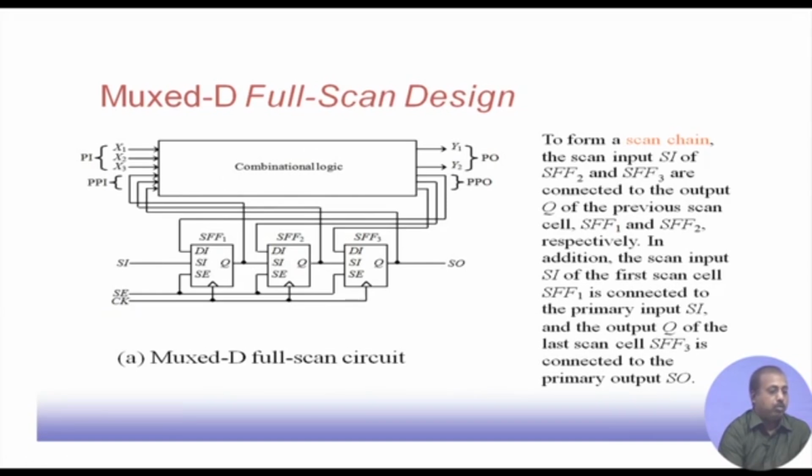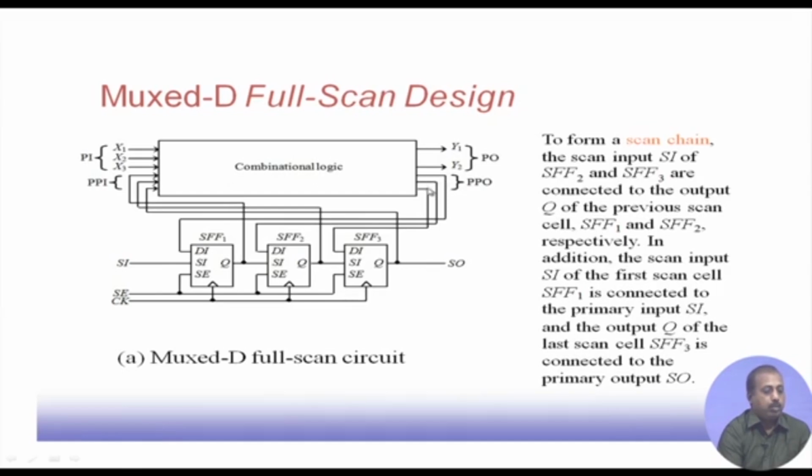So, I do not need to bother about how to initialize these flip flops to the patterns needed at the PPI input. Similarly, if the test pattern that we apply reflects the faulty output at Y1, then it is fine, we directly observe it. It may so happen that the faulty output comes in one of these PPOs.